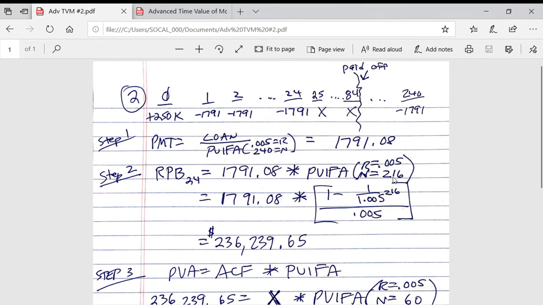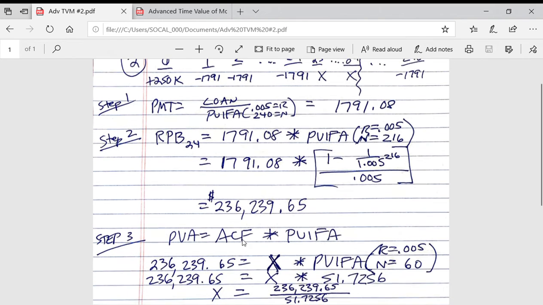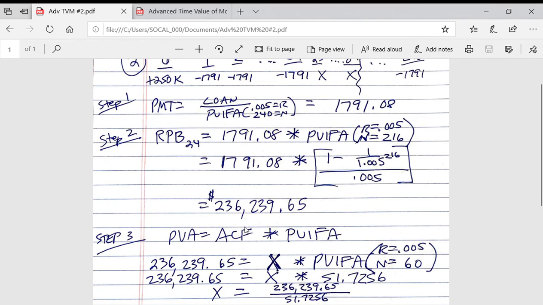We have 216 left. So the remaining principal balance at day 24 is just the present value of all the remaining future cash flows, which is 216 payments of $1791.08 each. And this is what we get. $1791.08 times, here's the computational formula. And when you do the arithmetic, you get $236,239.65. Okay? So that's the remaining principal balance at day 24.